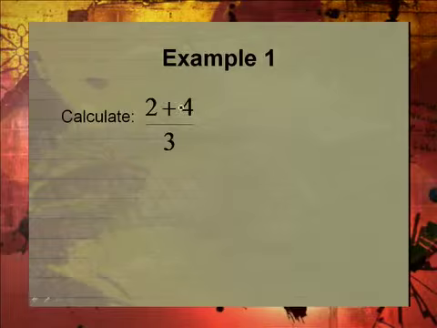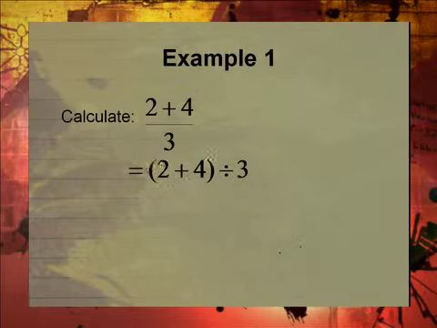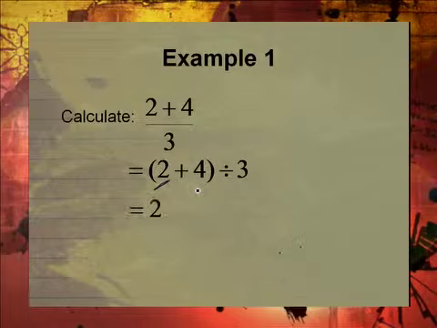So what do you do? I'm going to form brackets here. You form your brackets, 2 plus 4. This is the top value. You deal with them first. 2 plus 4 is 6. 6 divided by 3 is 2.